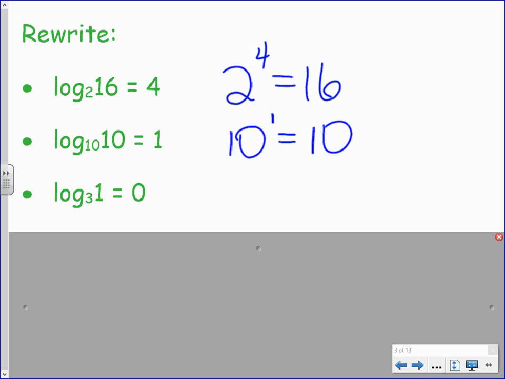Okay. There's a reason we're going through a couple of these, so I know these seem very obvious, but we're going to talk about these here in a little bit. Log base 3 of 1 equals 0 because base 3 raised to the 0 equals 1.